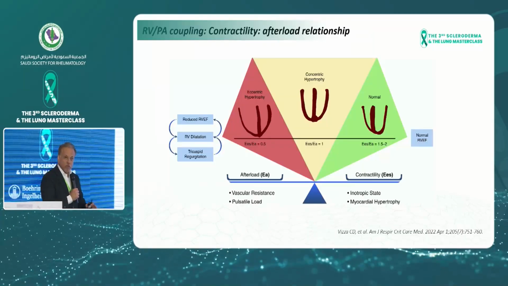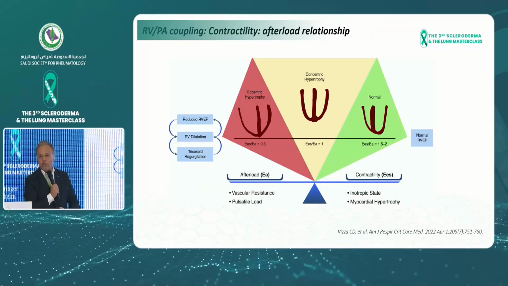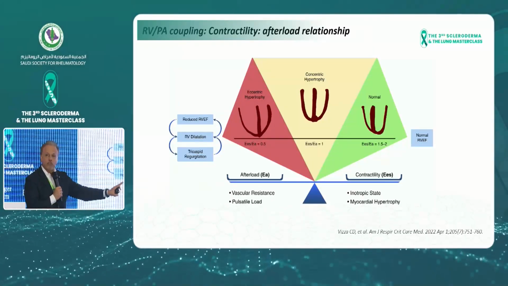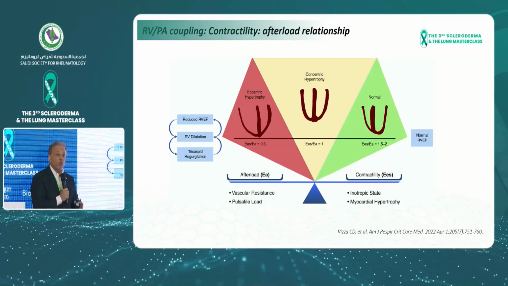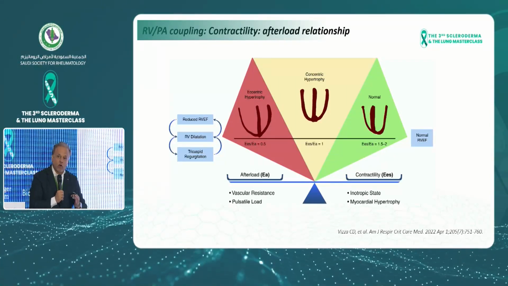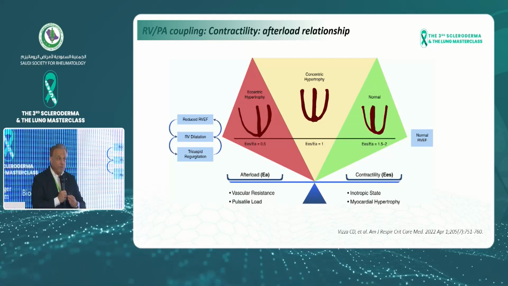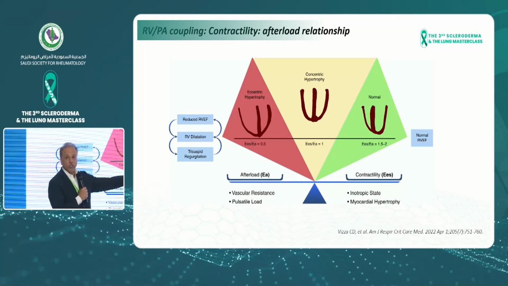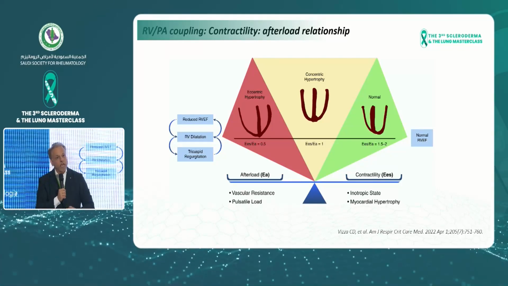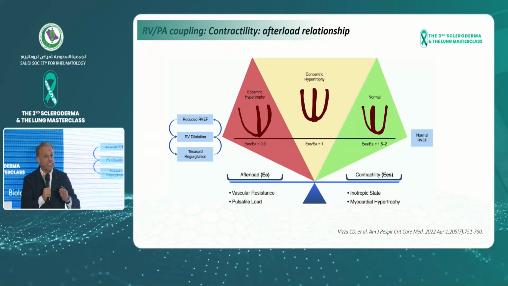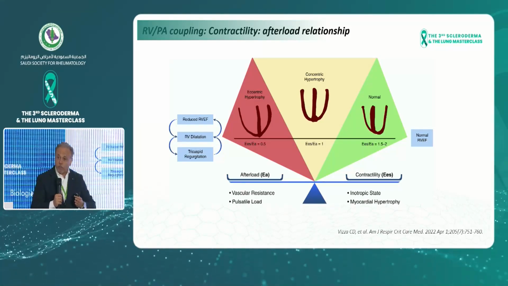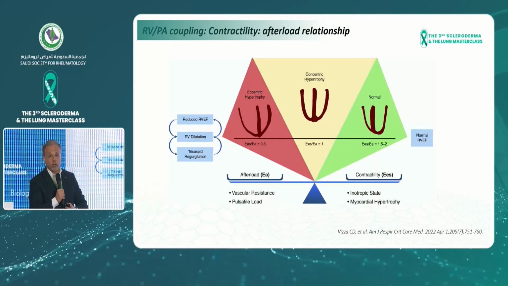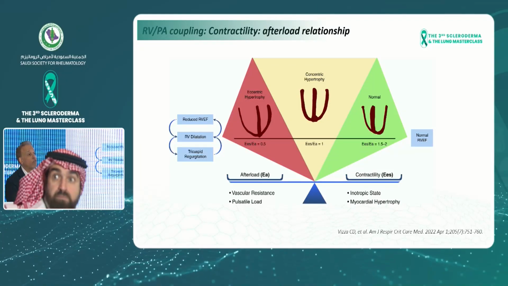So what's wrong with those patients? Why are those patients in trouble? I think that slide will really summarize what happened with them. The whole problem with pulmonary hypertension is the relation between the right ventricle and the pulmonary artery. As long as the right ventricle is able to push the blood forward to the pulmonary artery, that patient will be okay.